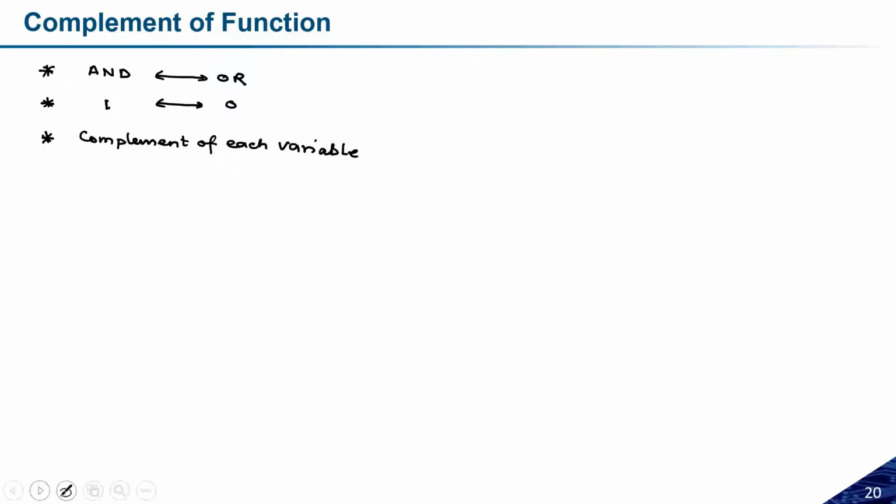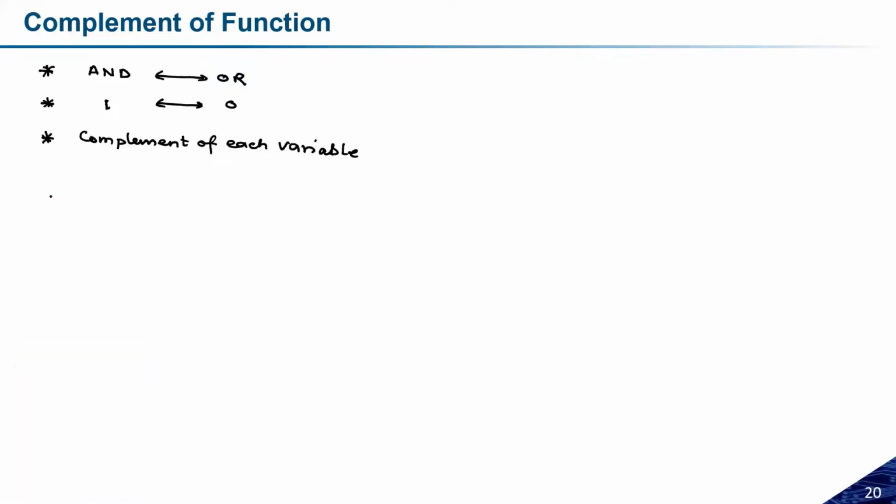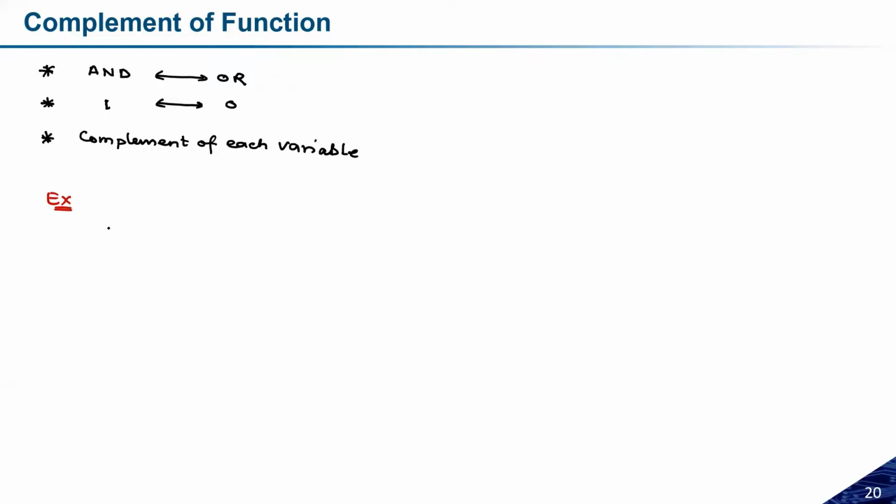So let us take an example and try to understand how we can find the complement of any function and how it is different from the duality. Okay, suppose I have a function, let us assume it is f. F is equal to a b c plus a bar b c plus a b bar c bar, any function.